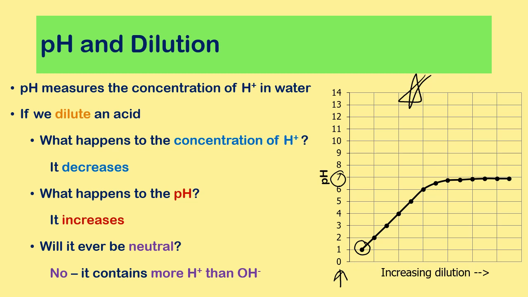Because if you add in water, you will get closer and closer to the pH of water, which is 7, but you cannot go above 7 by diluting. If it is an alkali, the graph will look just the same but reflected. It'll get close to 7, but it will start off higher.